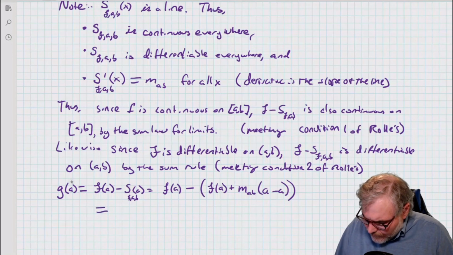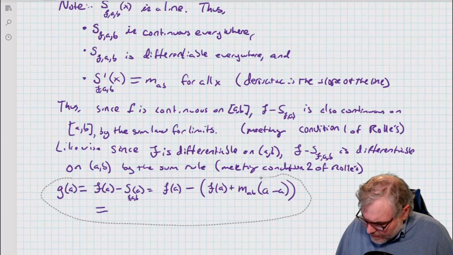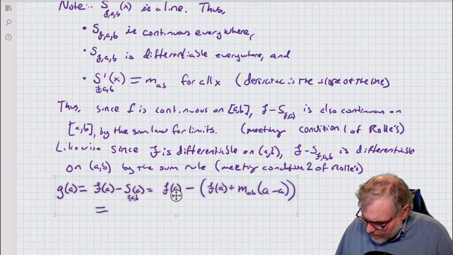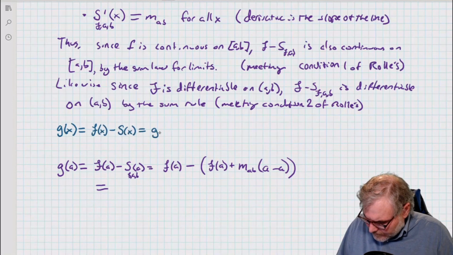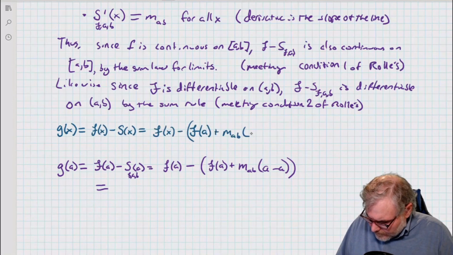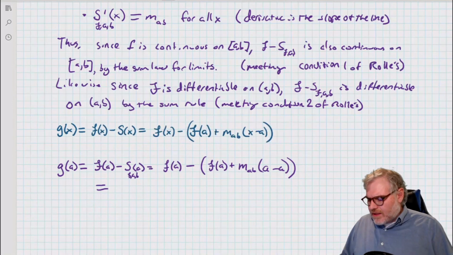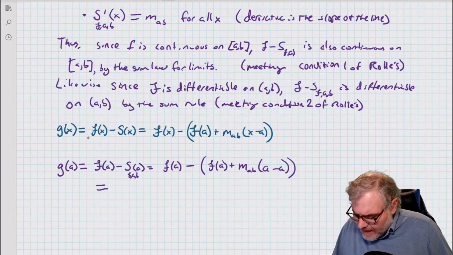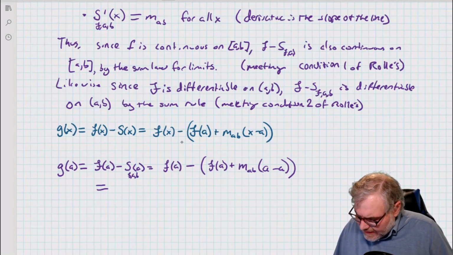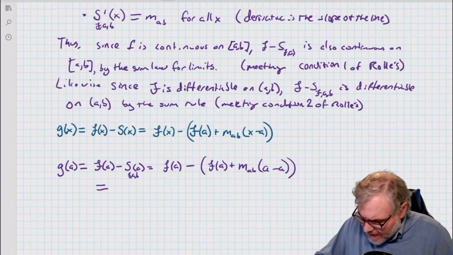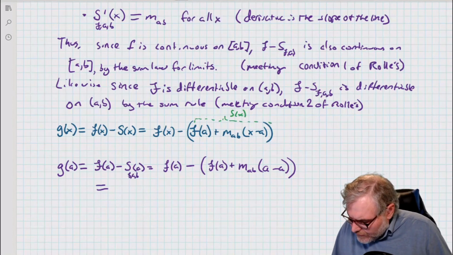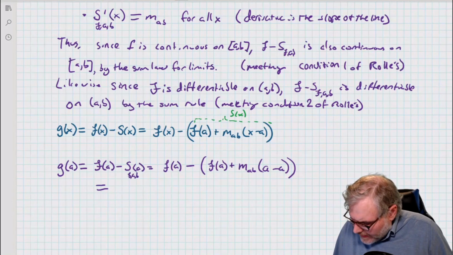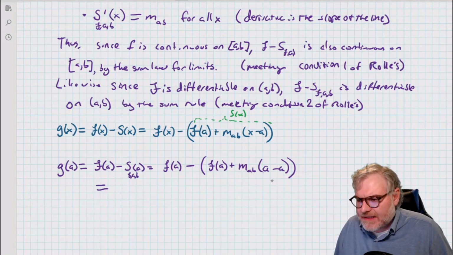Let me just go ahead and write out what G of X equals here so you can see that better. So there's the equation for my G of X, right? I took F of X and I subtracted this right here, which was S of X. Well, if I do that, I'm going to wind up with this A minus A being 0.